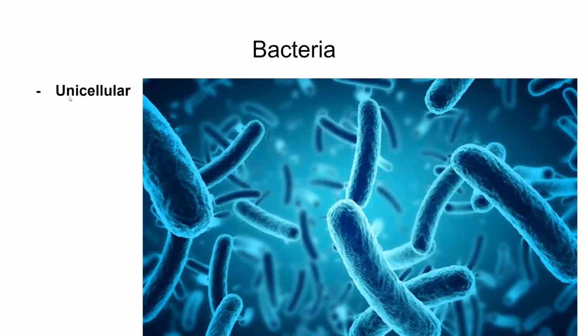Okay, so bacteria are known as unicellular. Have a look at what the word unicellular itself means. Uni means single, and cellular is the cell. So it only contains one cell. If we think about humans, for example, we are known as eukaryotes because we have multiple cells in us.